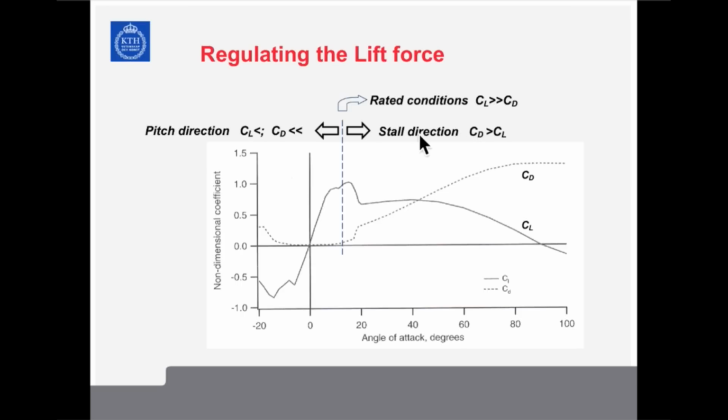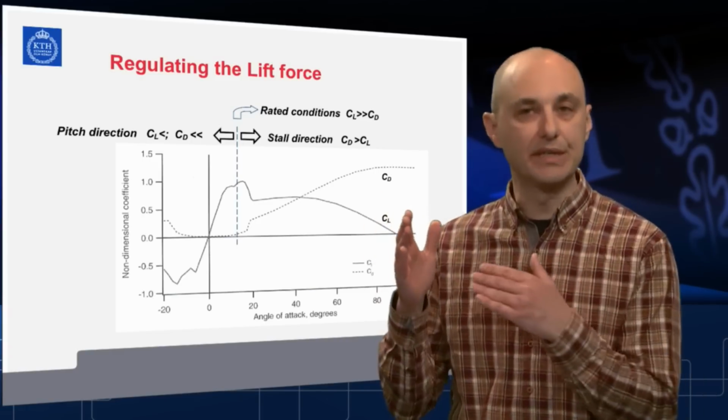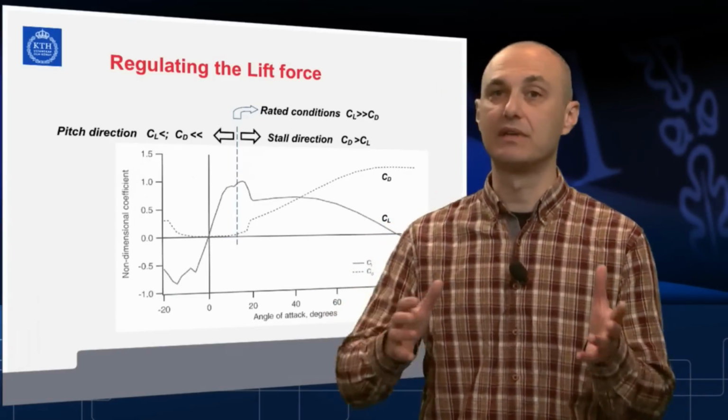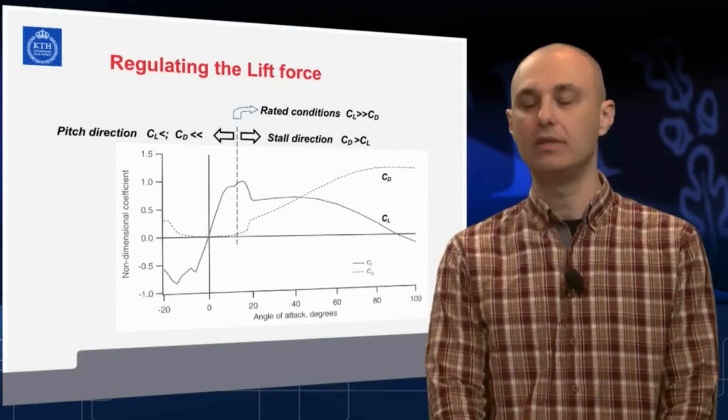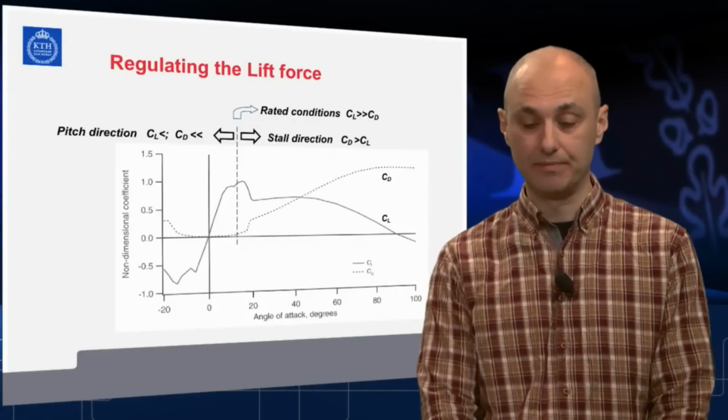The stall would attempt to destroy lift by going towards large angles of attack, creating enormous drag while continuously losing lift. Ideally, you can go to infinity here or to 90 degrees, where you have no lift and full drag. This would effectively just stop the machine.